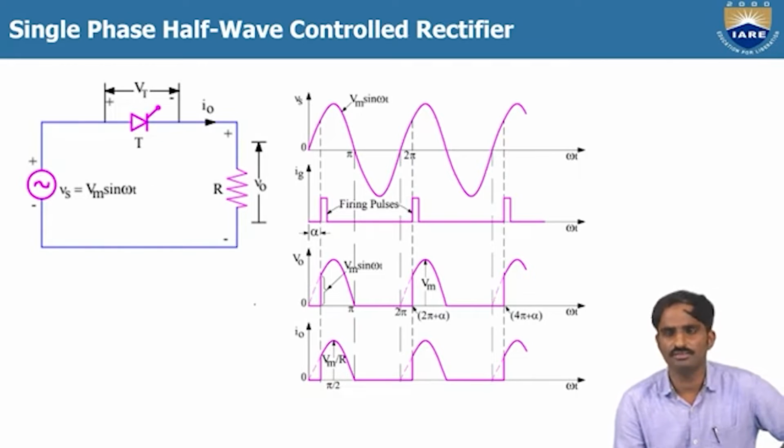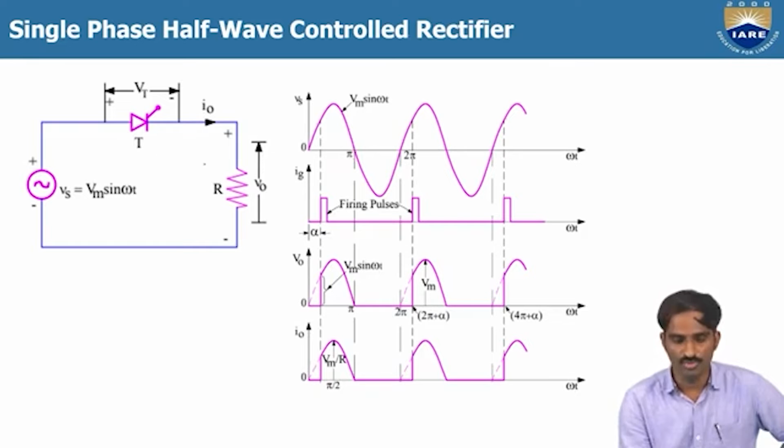The commutation here is line commutation, also called natural commutation, because of the nature of the AC voltage: up to pi it is the positive cycle, and from pi to 2 pi it is the negative cycle.